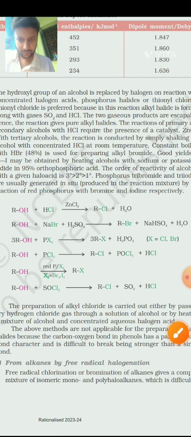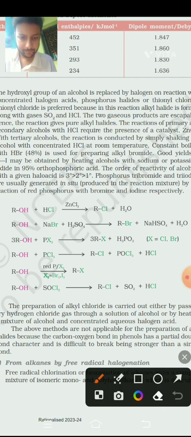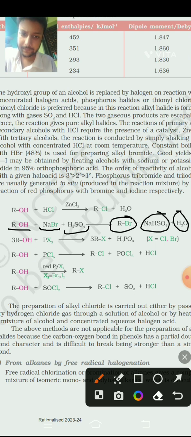Okay, another example, alcohol. If you mix it with a salt, suppose NaBr, sodium bromide, and with an acid which is sulfuric acid, it will give you a haloalkane, and as byproducts a water molecule and sodium bisulfate.